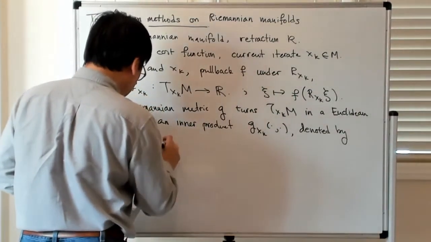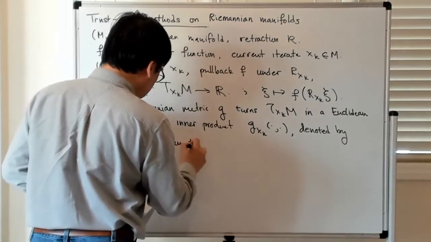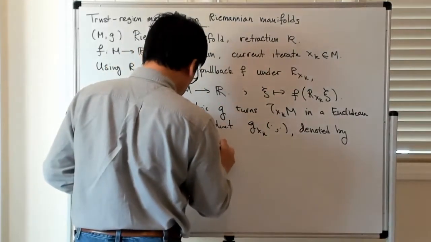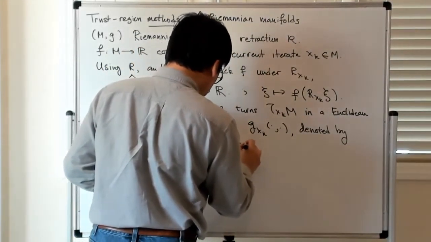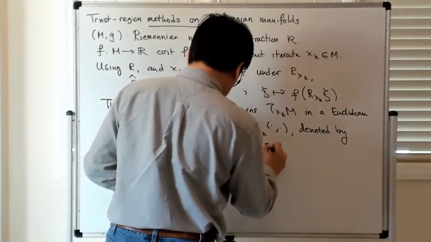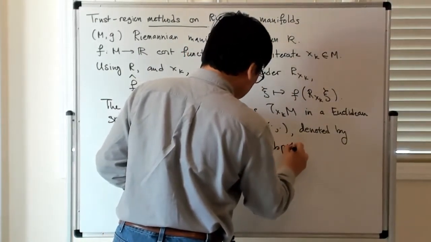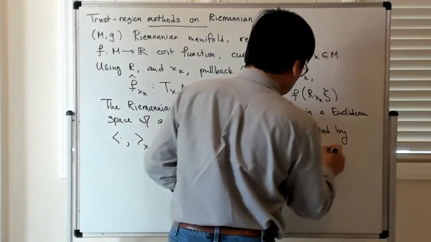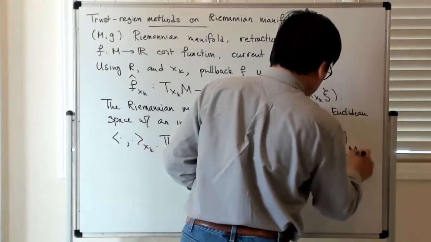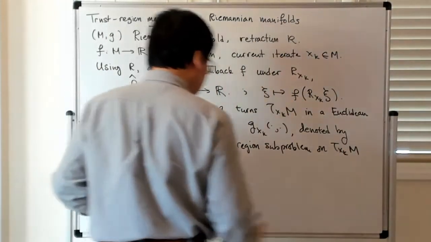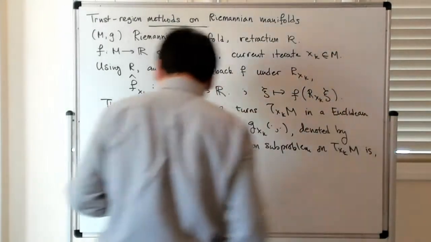Then the trust region subproblem on the tangent space at xk is given by the following.